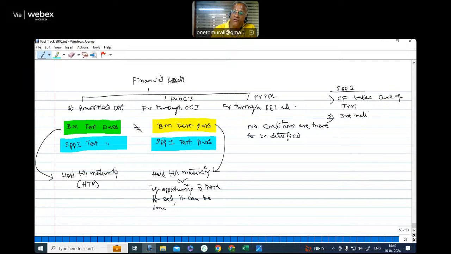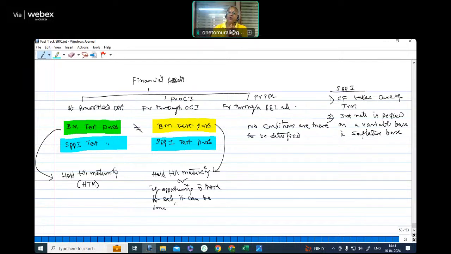Interest rate is pegged on a variable base, that is inflation base. So that means when inflation is high, interest rate will also be high.